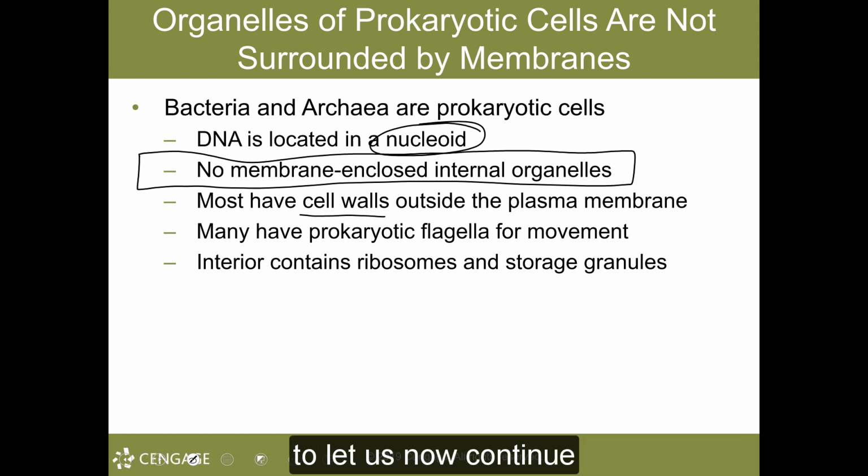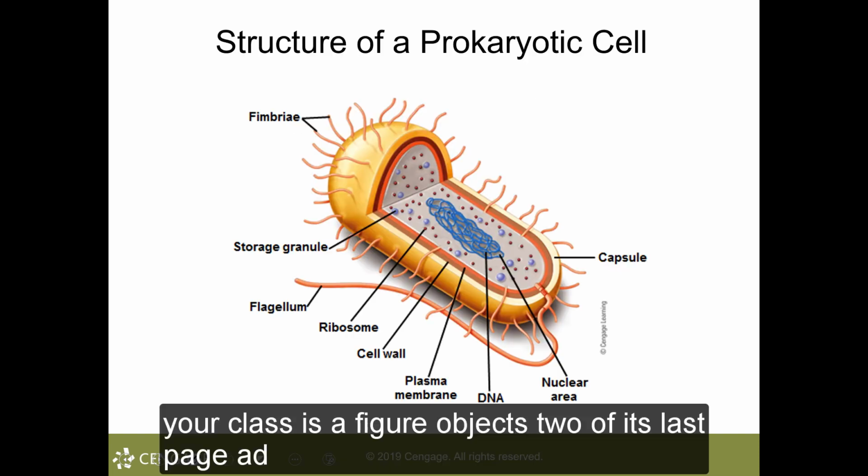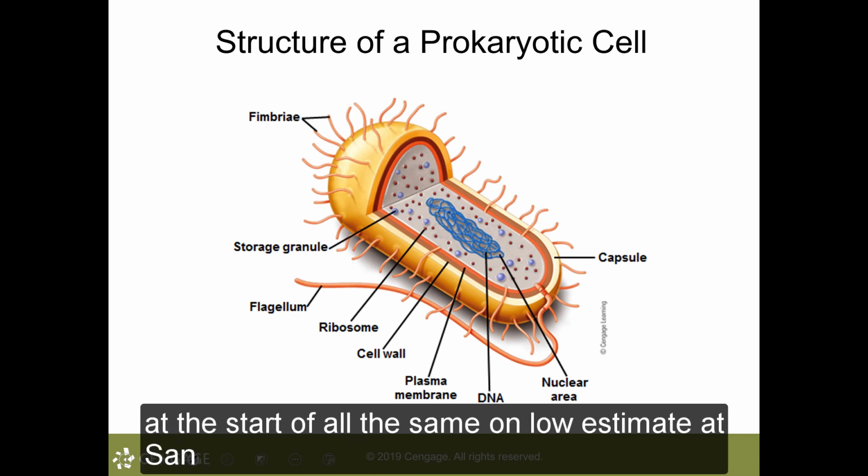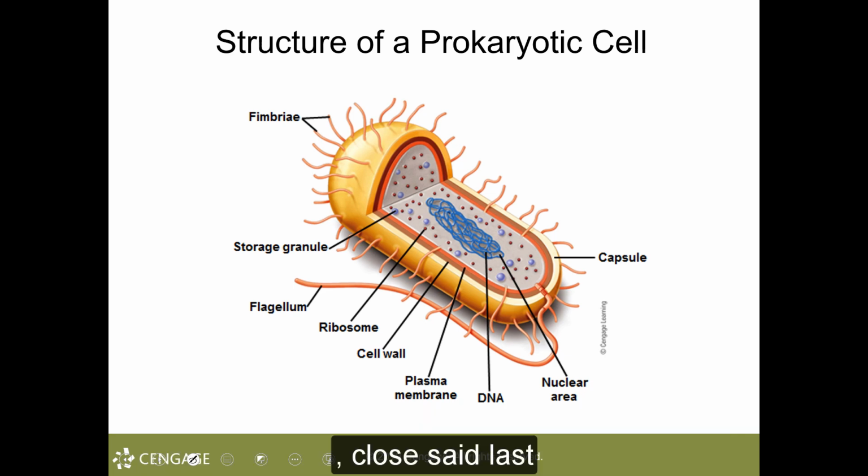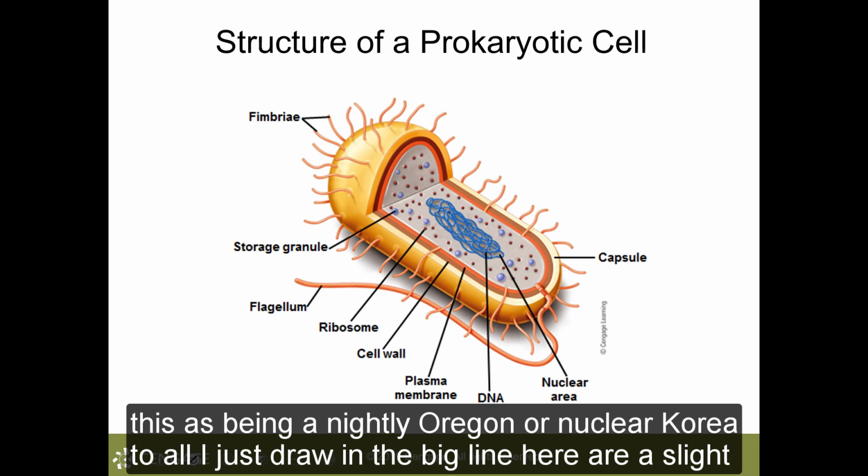So let us now continue. Here is a figure from your text. You'll find this on page 83. I'll try to go in the same order we went through as we began. If you look closely, this is the nucleoid or nuclear area.